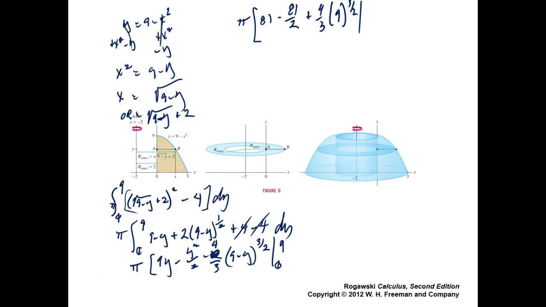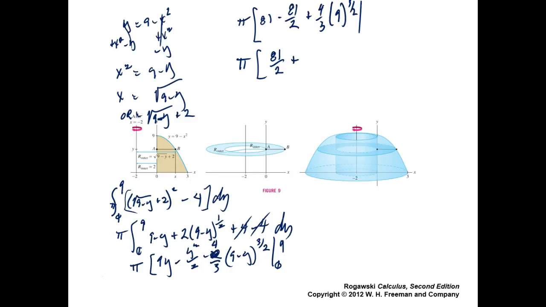Now, it'll be pi times, I'm going to write this as 81/2, because 81 minus 81/2 is 81/2. Plus, now what I suggest is that you take the square root first.